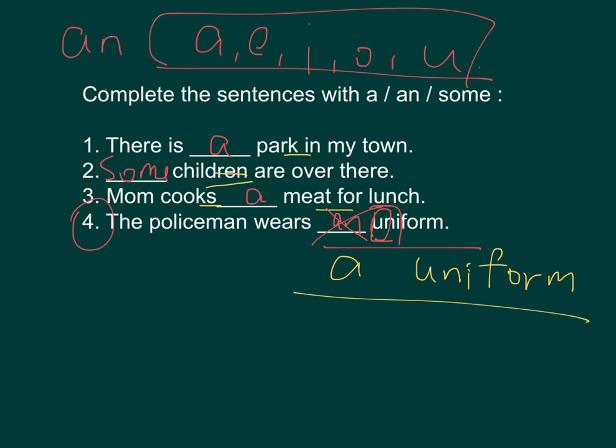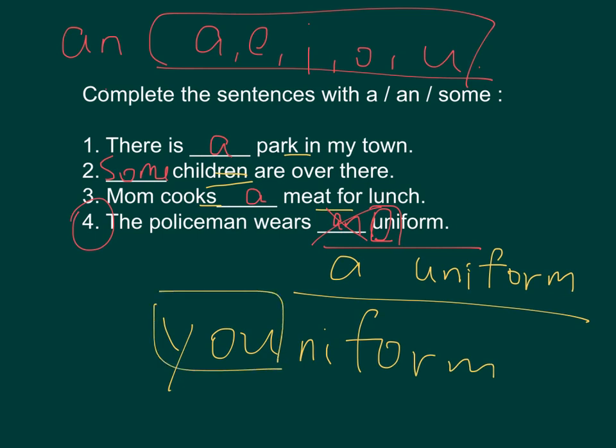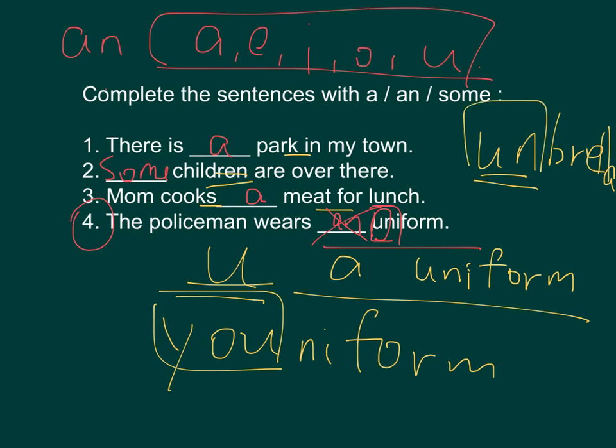It is because uniform, we pronounce it as U, uniform, right? So this U is not pronounced as in umbrella. This is umbrella, right? But this is U. So we use a uniform instead.